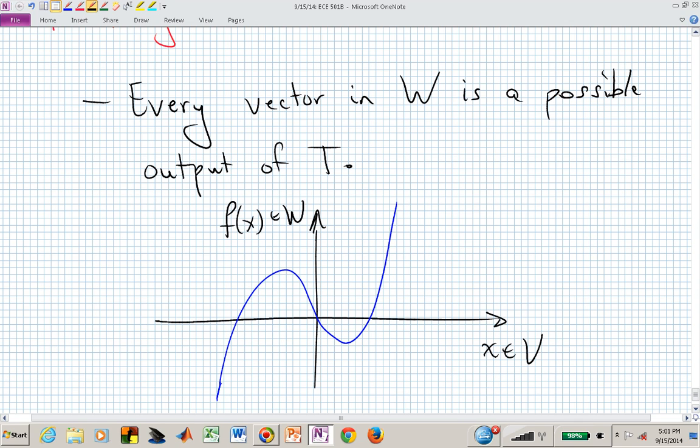So every point from that function f goes to a point in the codomain.